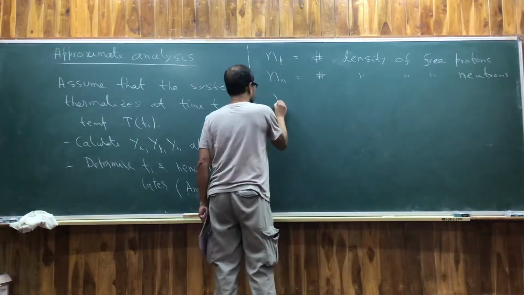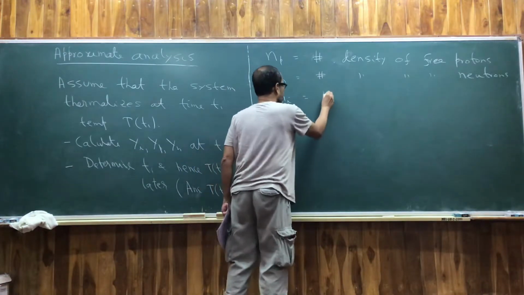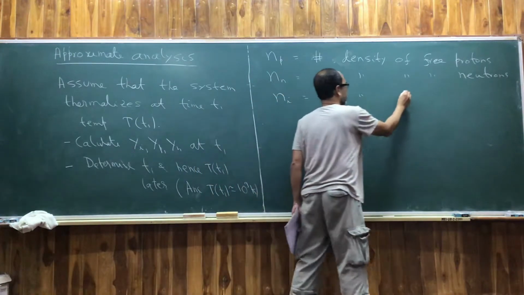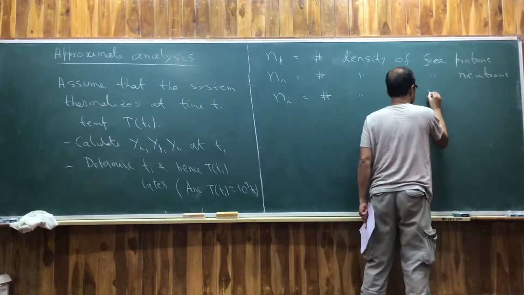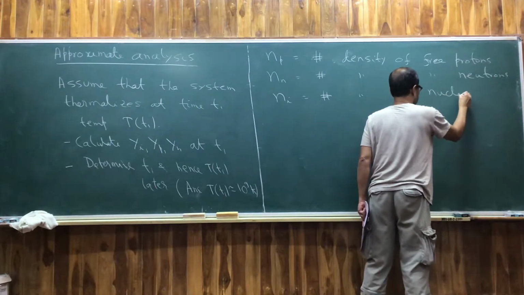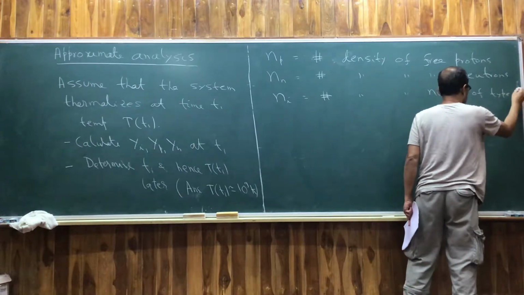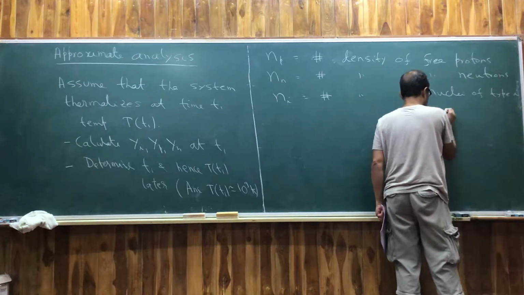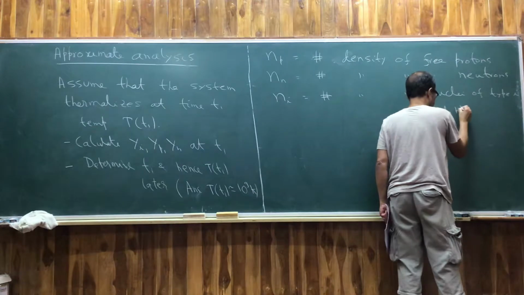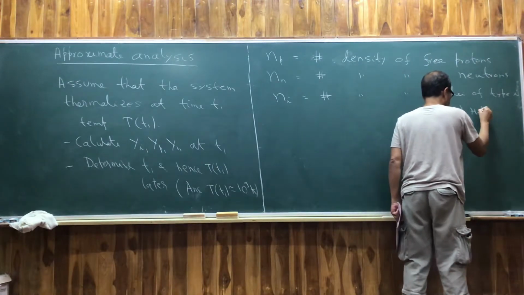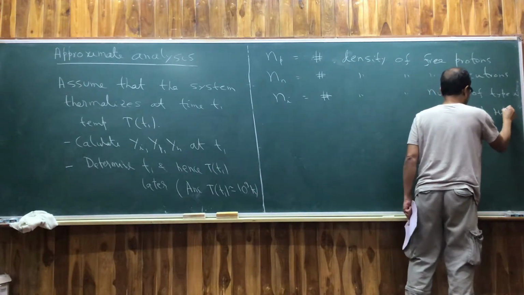And Ni will be the number density of nuclei of type i. Again, I will run over D, H3, He3, He4.